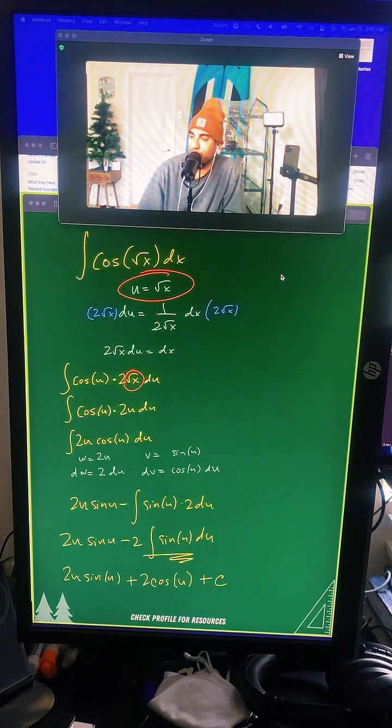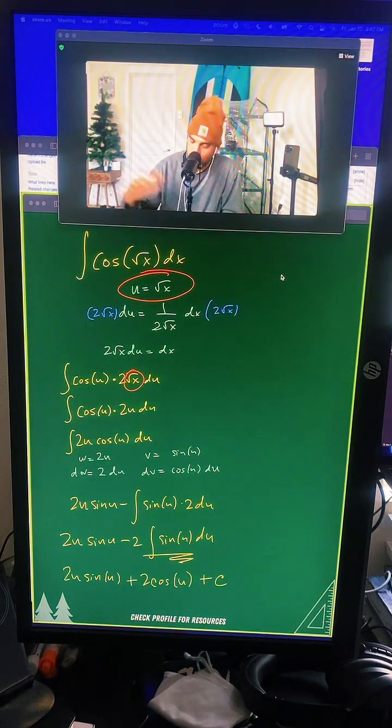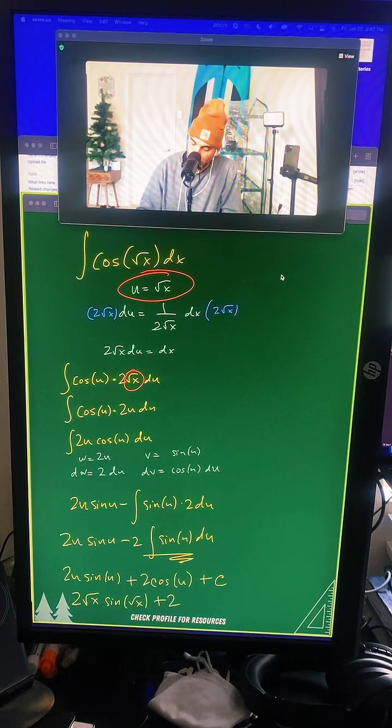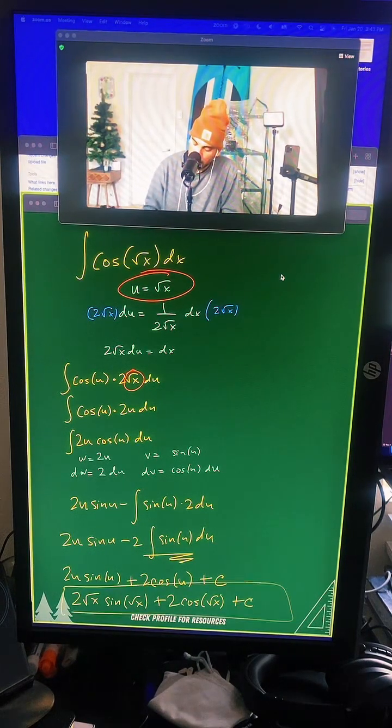Yes, tabular method for sure. Since our u was equal to root x, we get 2 root x sine of root x plus 2 cosine of root x plus c. There we go, guys.